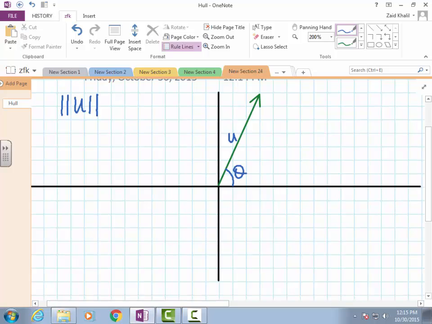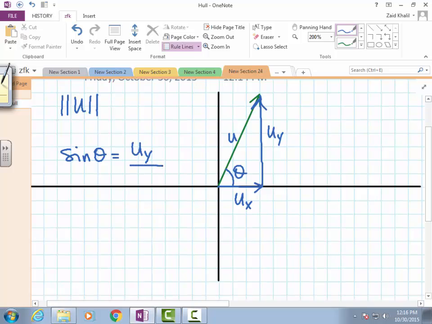Yes? So first thing you want to do is break it up into its components, right? And what do you notice? Sine theta is going to be the magnitude of uy over the magnitude of u.